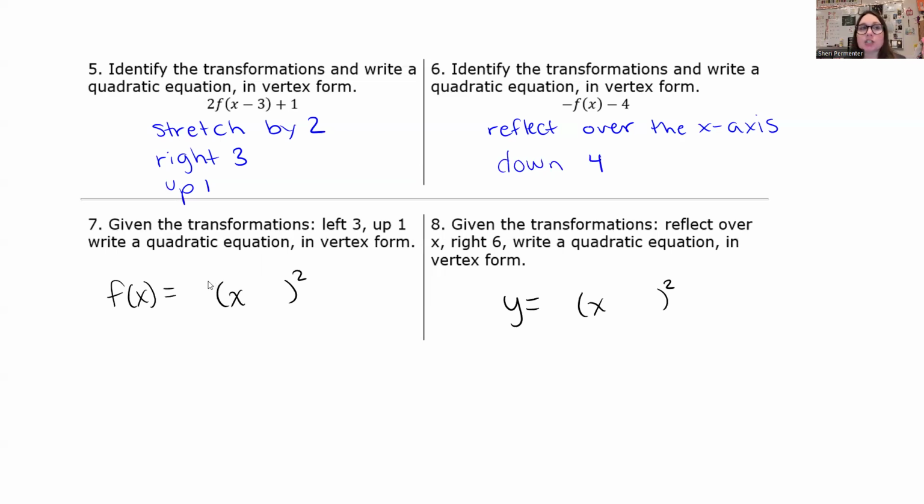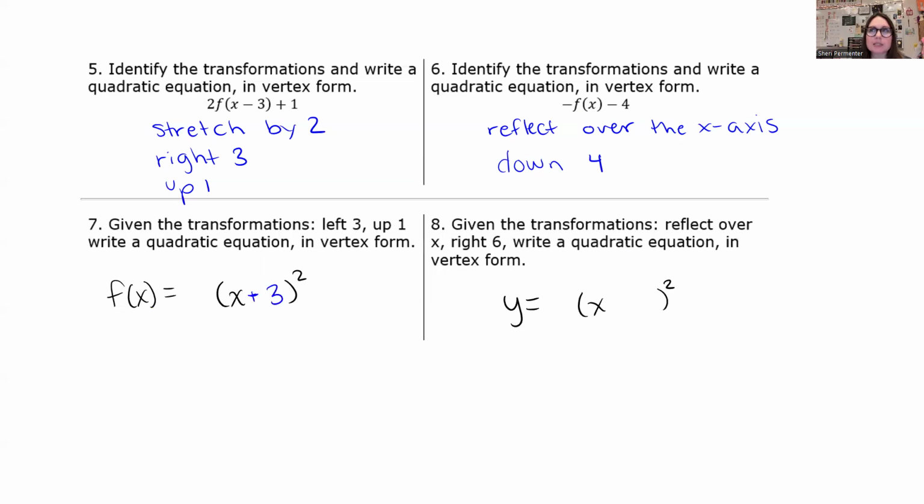Okay. If there's a stretch or reflection, it goes here. Left or right goes in the parentheses. Up or down goes at the end. So let's read. Given the transformations, left 3. Okay. Goes right here. But what do I put? Left 3, what should be in the parentheses? +3.